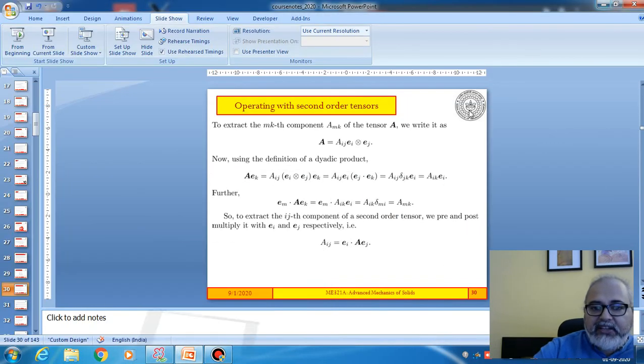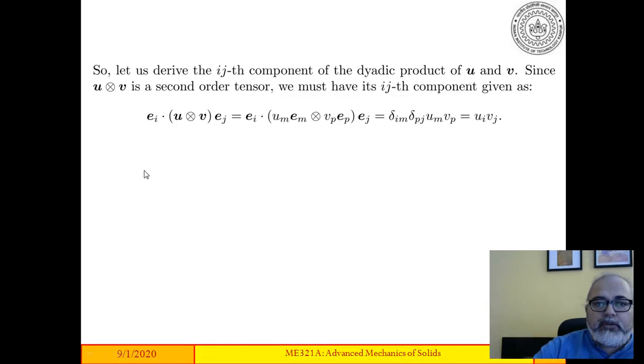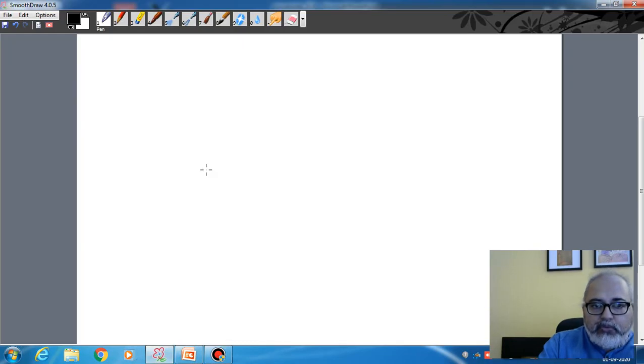Okay, let's go back to the slides. So let us now derive the ijth component of u dyadic v. We know how to extract the ijth component. You have u dyadic v, which is a second order tensor, and you want its ijth component.